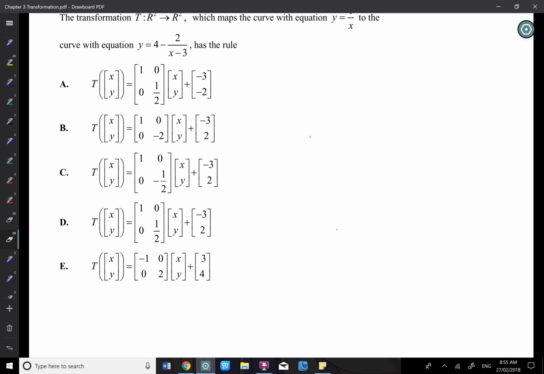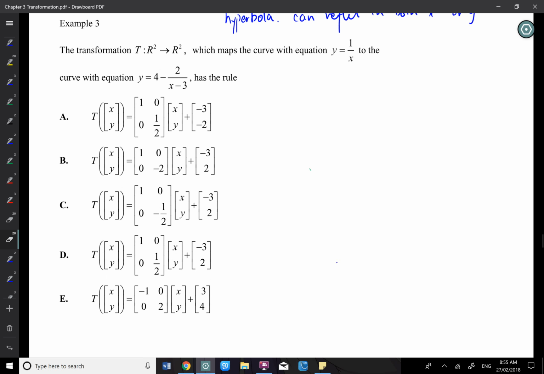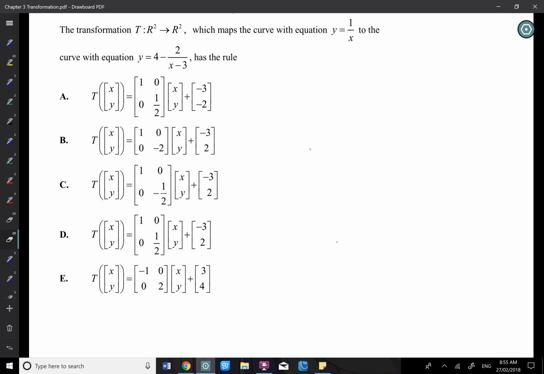Otherwise, you need trial and error. For example, if you think it will be a reflection in the x-axis, then you calculate everything and can't find the right option. Some students stop at that point and say, oh, I can't find the right option, did I make a mistake? You haven't made any mistake. Your answer is correct, just not in the options. It can be done both ways, so it's a very tricky question.